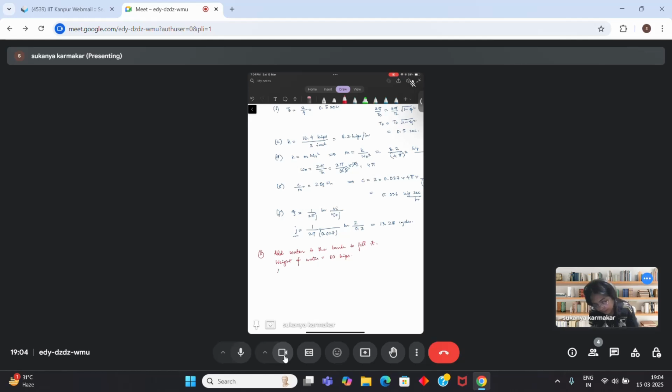Determine natural vibration period and damping ratio when tank is full.